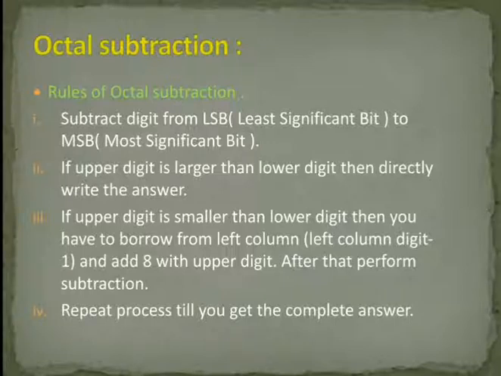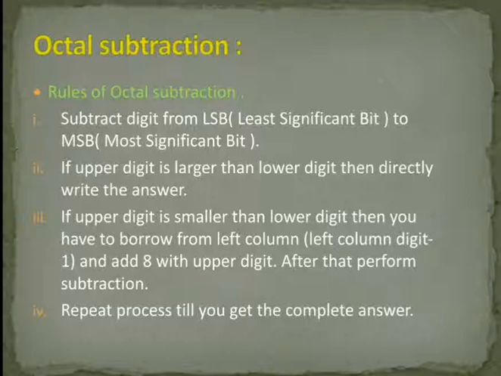The third point is an important point for you all. If the upper digit is smaller than the lower digit, as in normal subtraction, we want to borrow from the left column, from our next left column, so that our number is more capable to subtract from the lower digit.